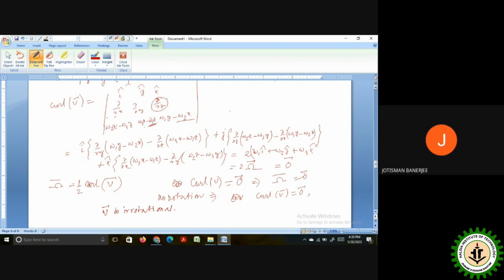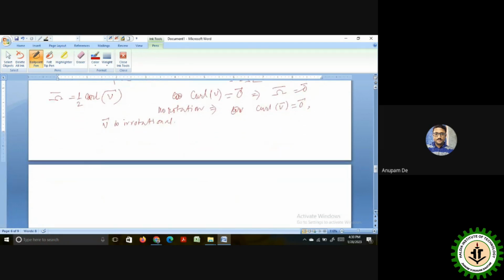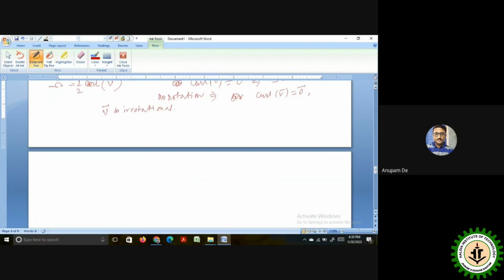Sometimes you will also see, or you have to prove basically, that a vector is irrotational. A very straightforward thing is that if you are having a surface, a scalar surface, there the outward drawn normals, that is grad phi, are having linear direction.